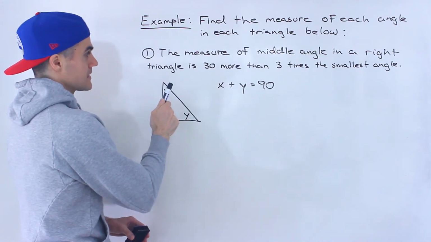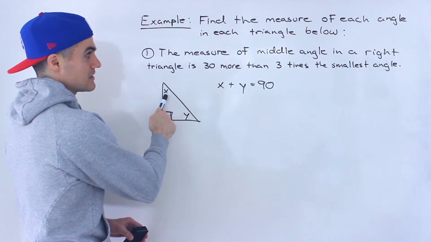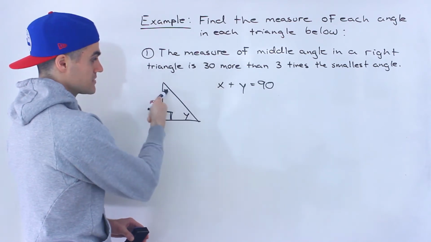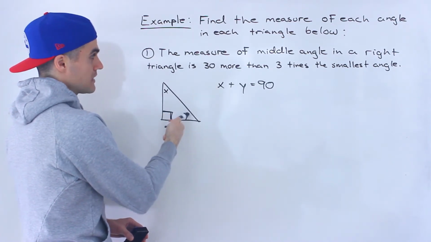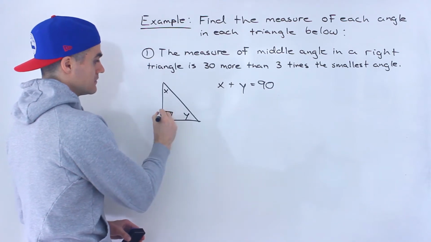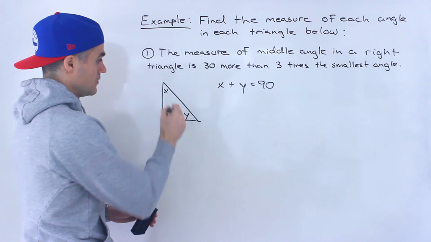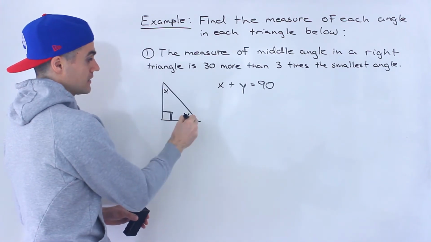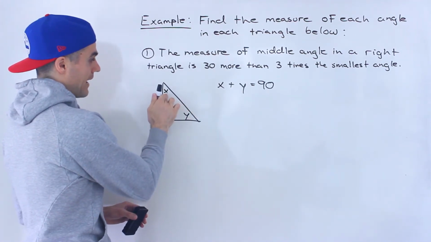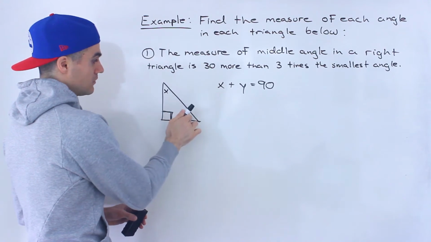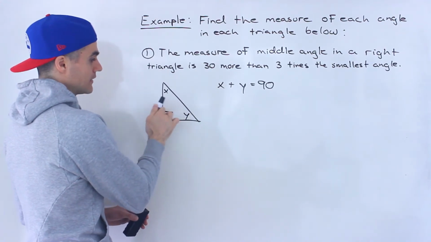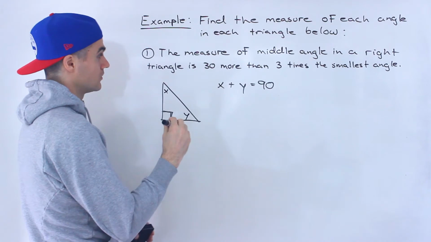Let's say that we let x be the smallest of these 2, and then y would be the middle. Notice that 90 is always going to be the largest angle in a right triangle because these 2 have to add up to 90. So x would be the smallest, y would be the middle, and 90 degrees is the largest angle.